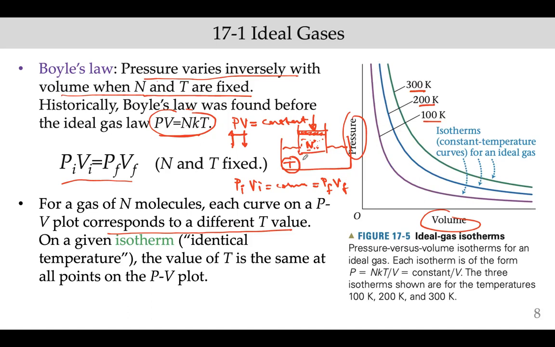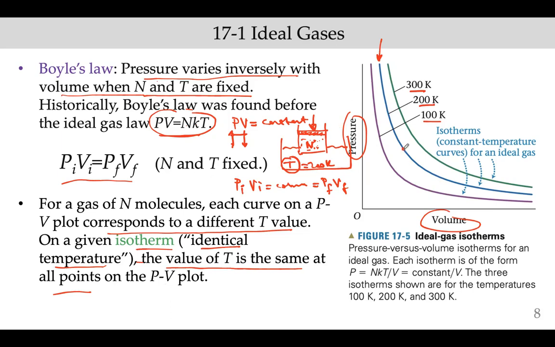So for a fixed temperature, let's say you chose 200 K, then the blue one will be the curve. On a given isotherm, and iso means identical, therm means temperature, the value of T is the same at all points. So on the blue one, the temperature is 200 kelvins at all points on the blue curve. But what changes is the pressure and volume.